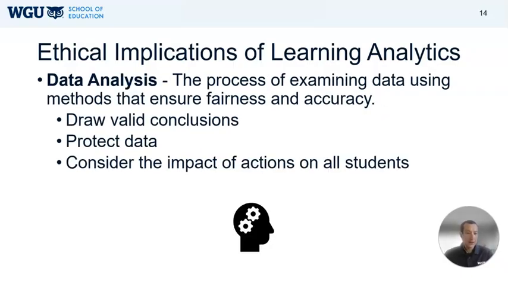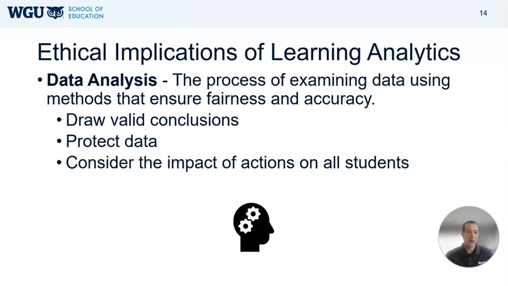We're going to then analyze that data after it's been collected. So this is where we're trying to understand what's going on with the data. What is the data saying to us? And we want to make sure we're drawing valid conclusions here. We want to make our decisions and reach our conclusions based on the data, not based on any potential biases that we might have, whether implicit or explicit. So we're going to look through that data.